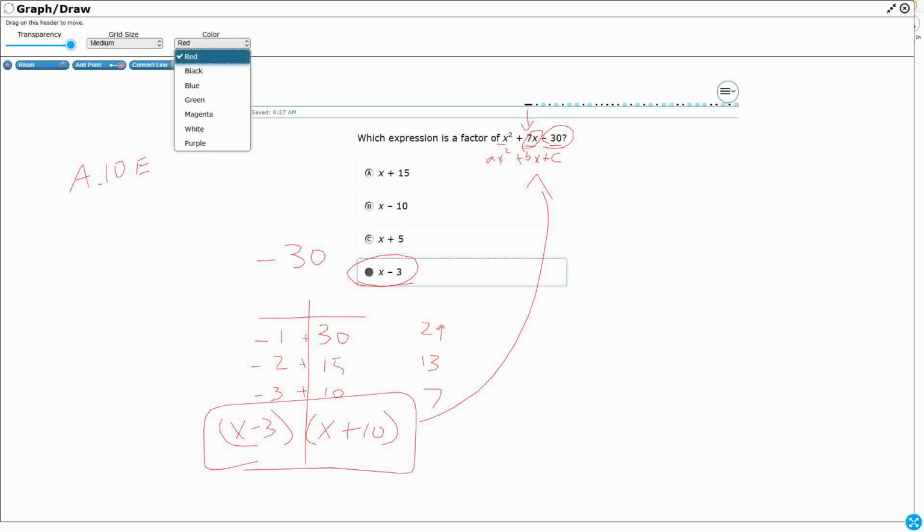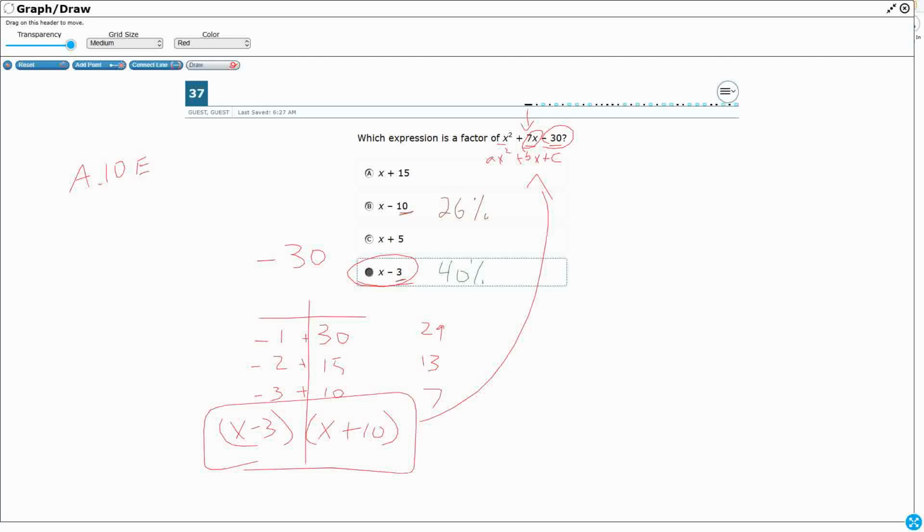And this ended up being on the harder side. 40% of our students were able to get this correct. And we had 26% of our students get B. Now you see we have the 10 and the 3, but that negative 10 wouldn't work with a positive 3. That would get us a minus 7.